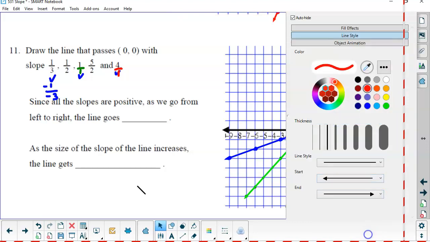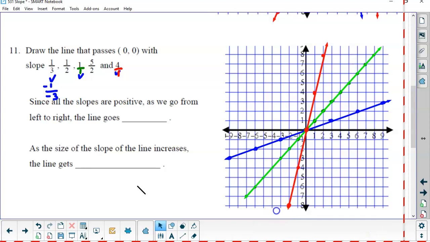Okay, all of the slopes are positive, so as we go from left to right, the line goes up. As the size of the slope increases, so this blue one was the smallest, then the green, then the red, so the actual values of the slopes were increasing.